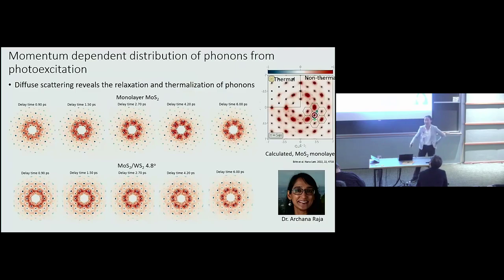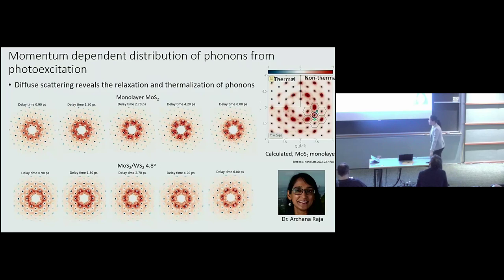This diffuse scattering is a rise in the background due to scattering with phonons. If the phonons are highly thermalized, the diffuse scattering would be localized around the areas close to the main bright point. If they are non-thermalized, especially if phonons are highly localized at the K point or M point, you would expect the diffuse scattering to be more spread out.